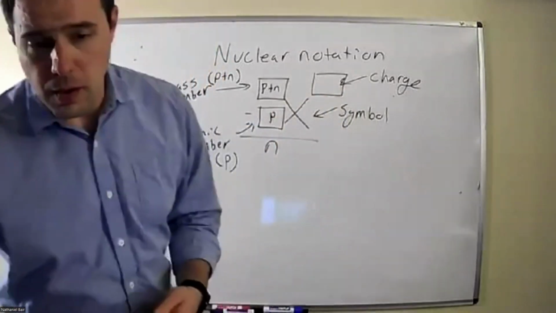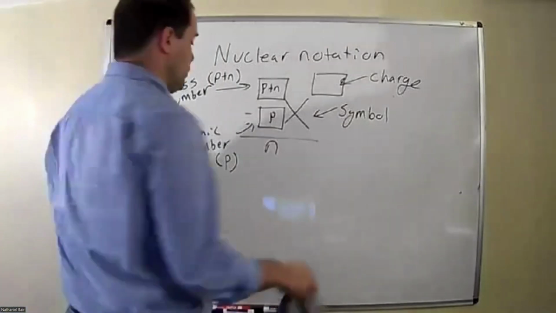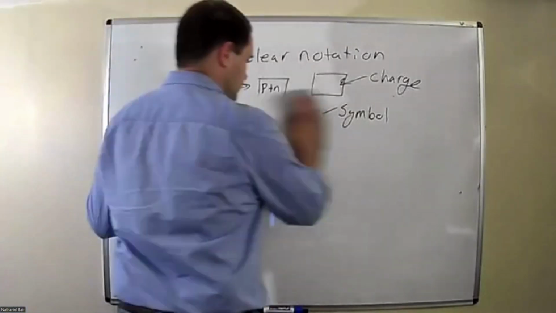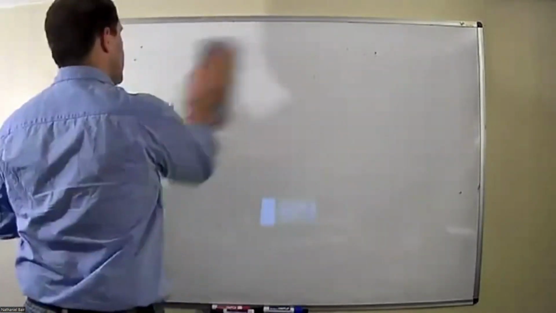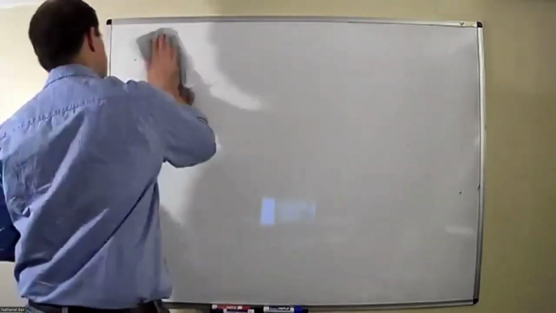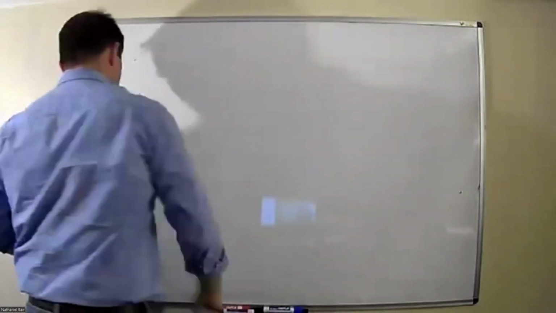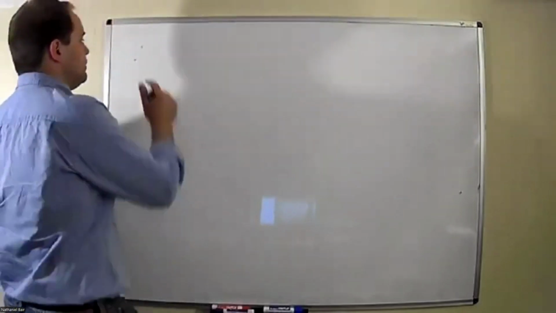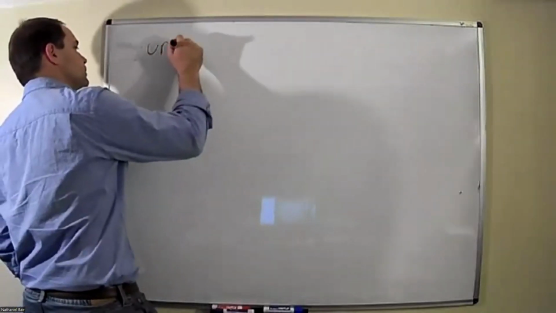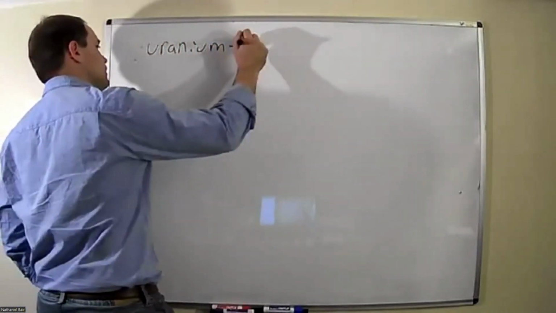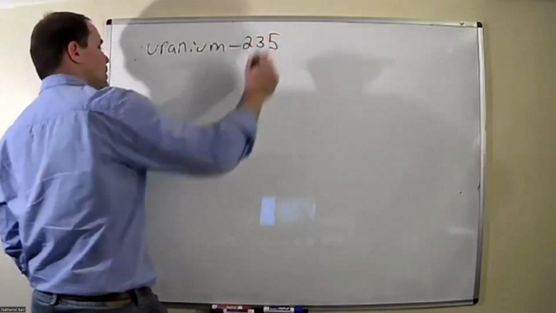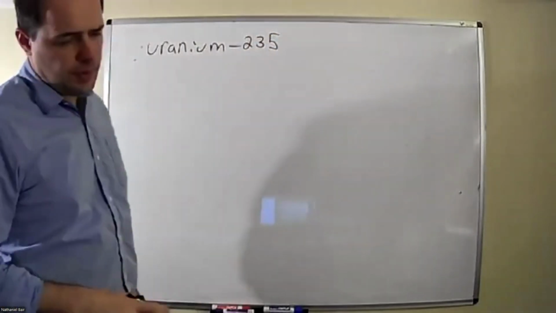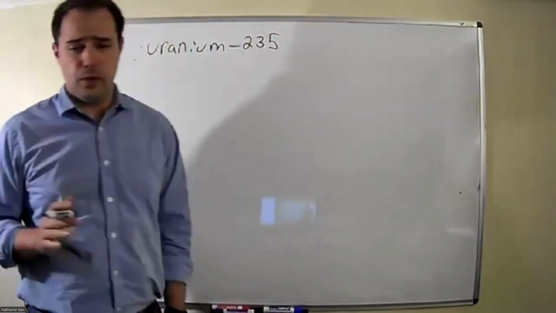So let's do an isotope. Let's do a really important isotope. Let's do uranium-235. Uranium-235 is a really important isotope because this is the fissionable form of uranium.